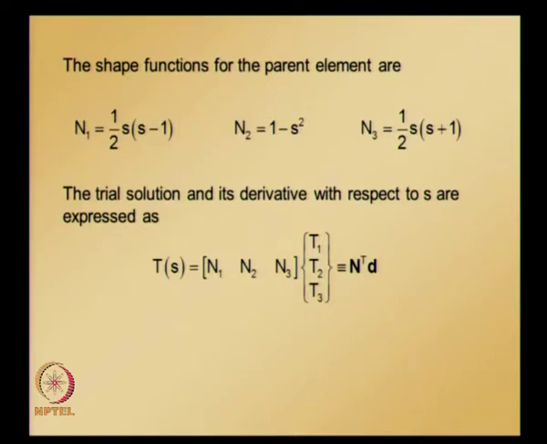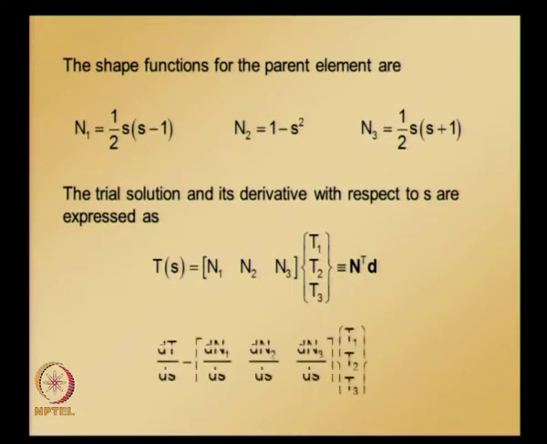And now the derivative of the field variable T with respect to s is given by this one. Now the isoparametric mapping, x is equal to sigma Ni xi.